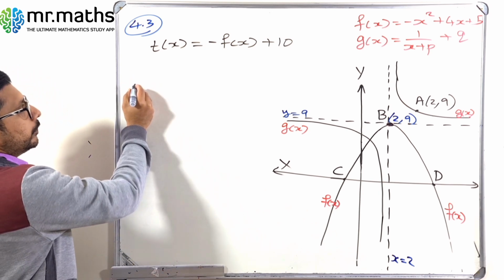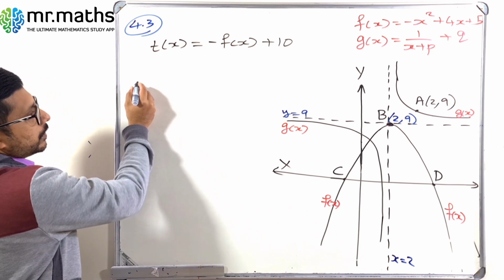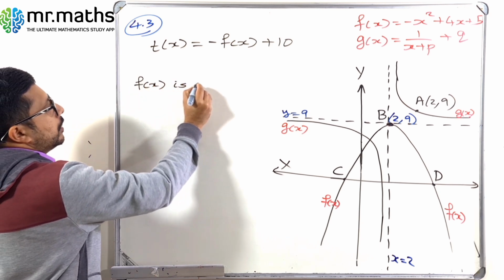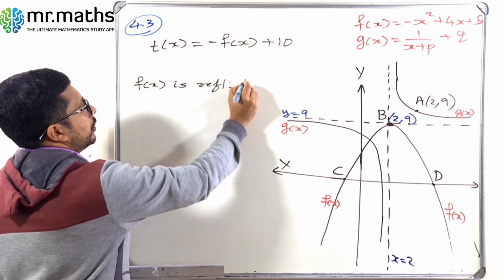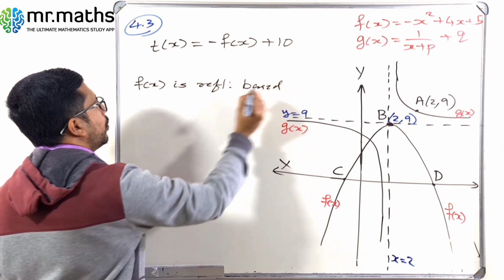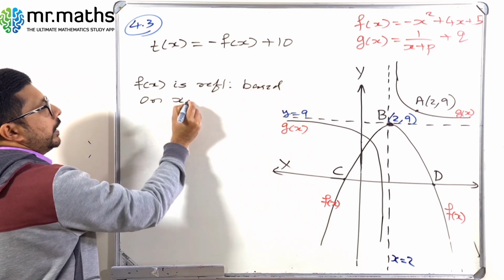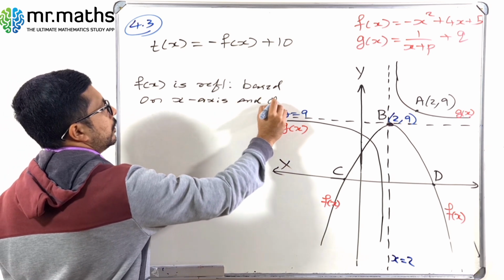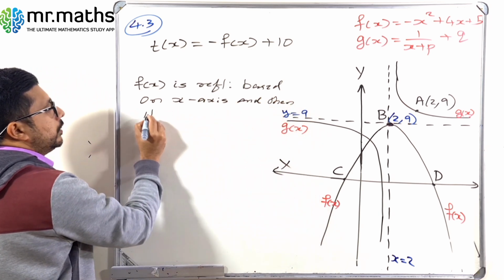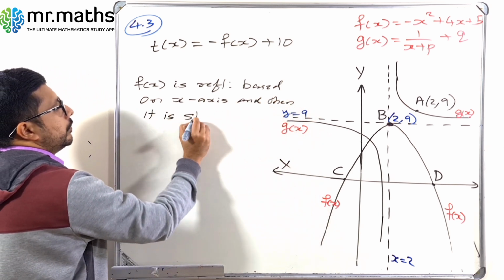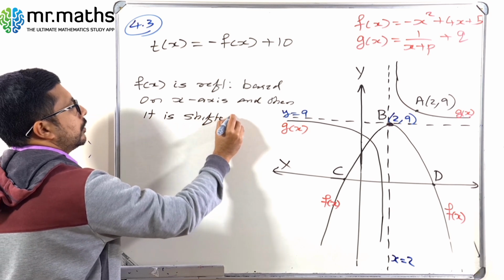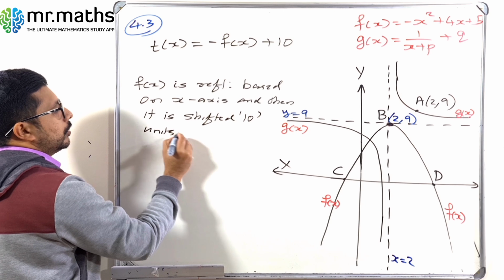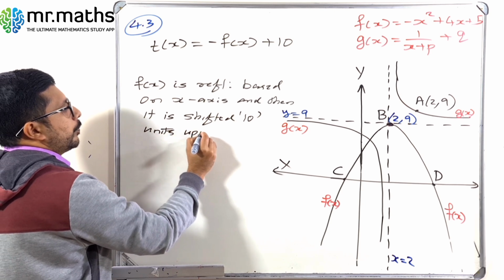So you have to write: f of x is reflected based on the x-axis, and then it is shifted 10 units upwards.